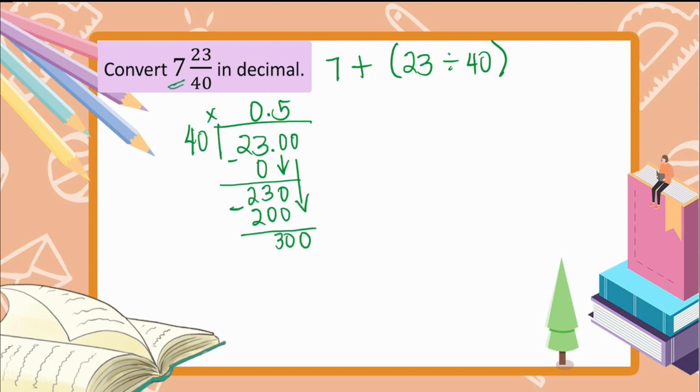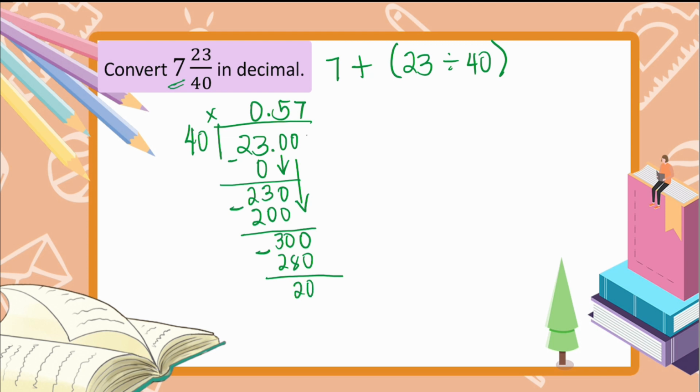Here, 0. 300 divided by 40 is 7. 7 times 40, we will get 280. So, subtract, we will get 20.